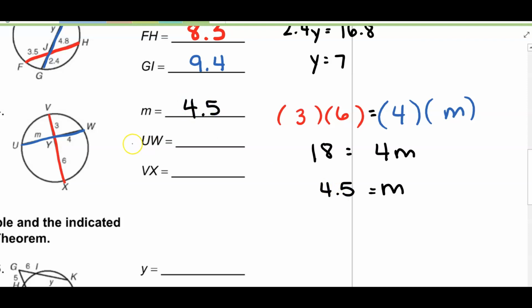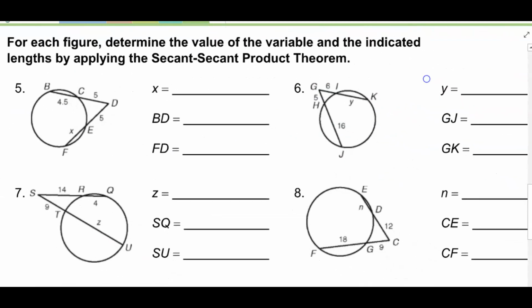So the length of UW is going to be the 4.5 plus another 4, so that's 8.5. And then the length of VX is 3 plus 6, so that's 9.